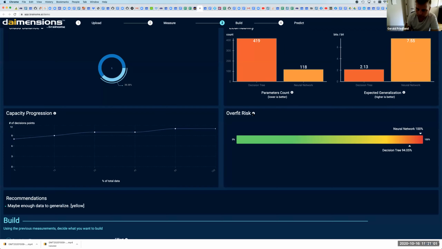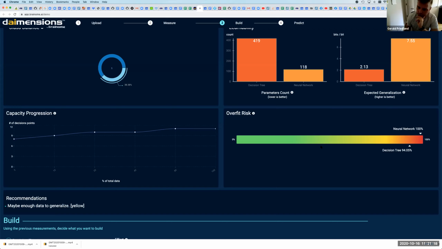So we have overfit risk, and we have neural networks and decision trees, and the generalization and so on. Then we calculate overfit risk.